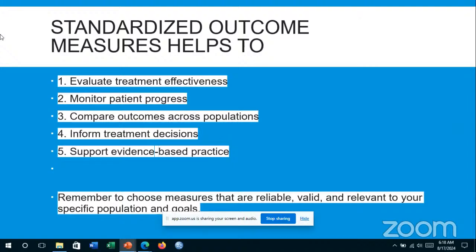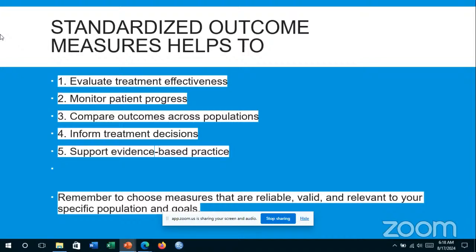You'll be able to monitor patient progress. You will be able to compare outcomes across populations: how many patients we have seen within a particular period using the same method, the same procedures, the same treatment. Where are you biased?